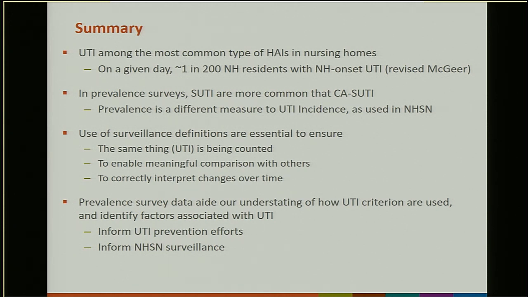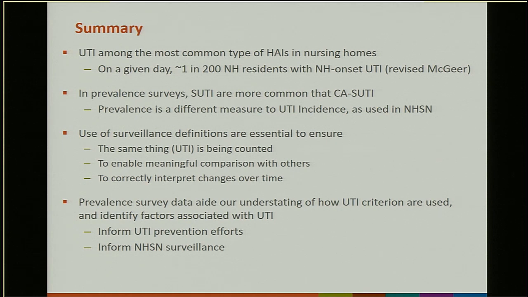On a given day, about 1 in 200 nursing home residents has a nursing home onset UTI. And when you think that on a given day there are about 1.38 to 1.4 million nursing home residents within facilities, you can understand quickly how those numbers of UTIs add up quite substantially.